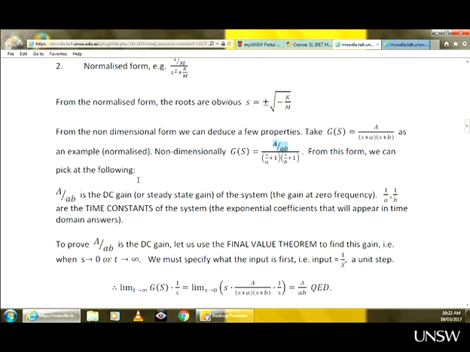These constants here, 1 over a and 1 over b, are called time constants of the system. Today, we are going to see what time constants really are and why they are so important. So in the non-dimensional form, you can directly read the values of the time constants and the value of the steady state gain or DC gain.